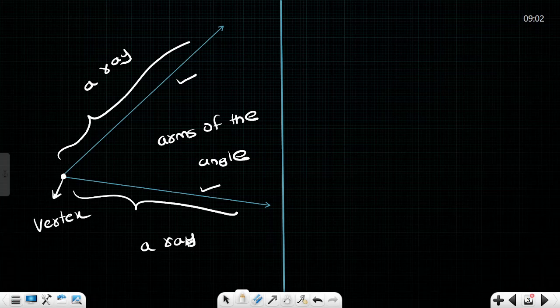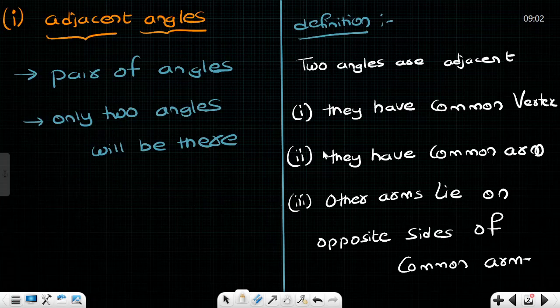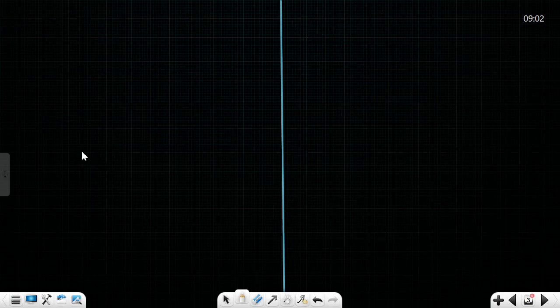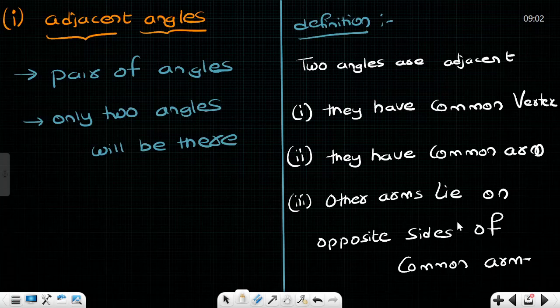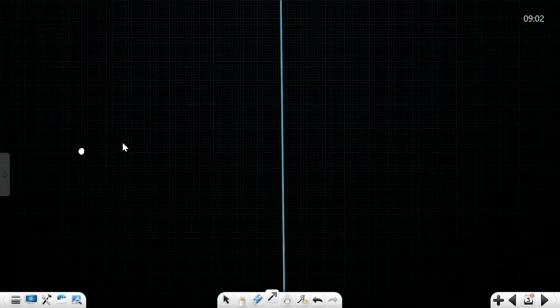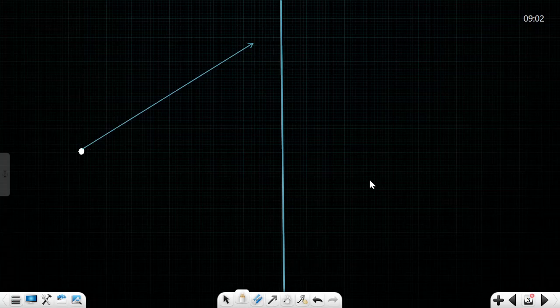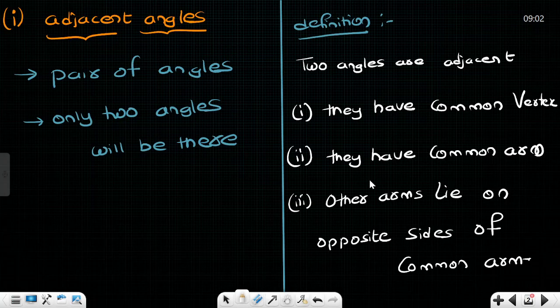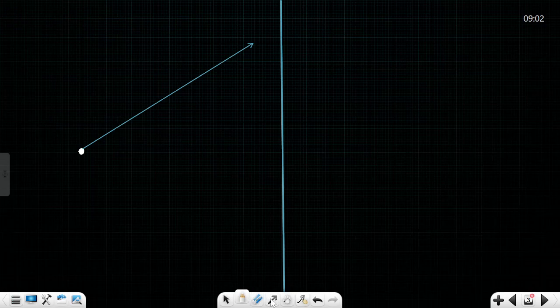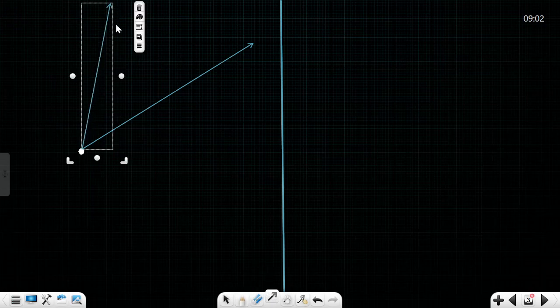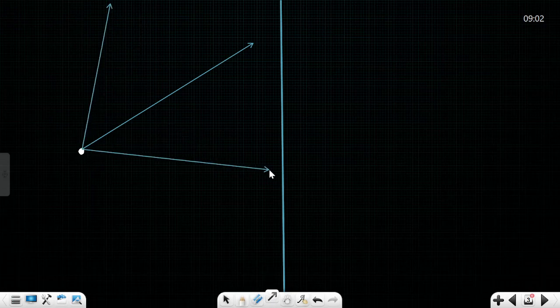Now I'm erasing this. You might pause the video and write it down, but I'm deleting this over here. What the definition says: two angles are adjacent, they have a common vertex, so put one common vertex, and then they have a common arm, so draw one arm here. Next, other arms lie on opposite sides. So let's have an arm like this, and an arm like this.